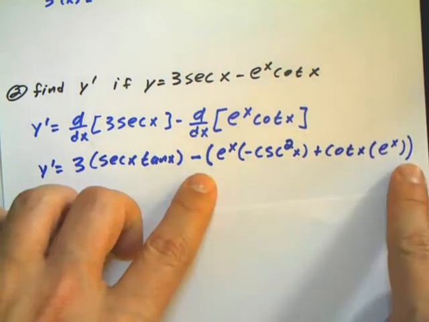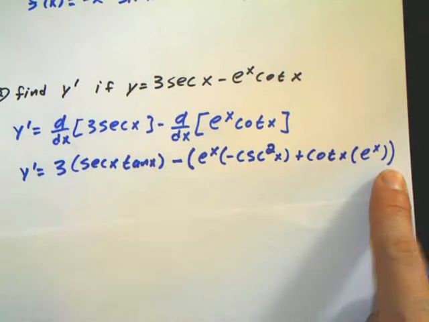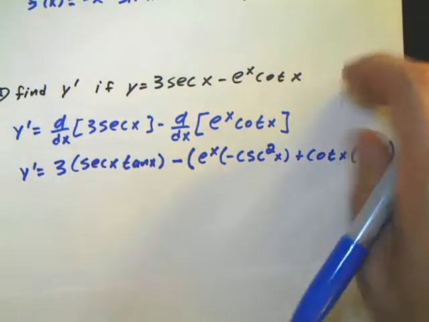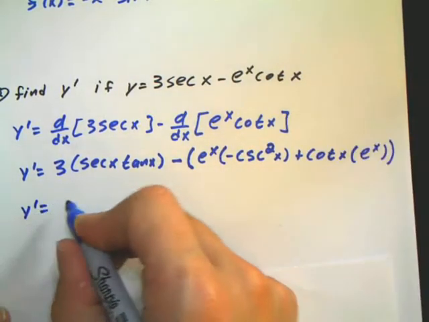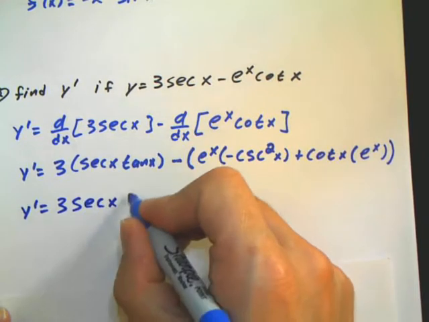So this big parenthesis is the product rule on e to the x cotangent x. And a little bit of simplifying I can do. I can say y prime is going to equal 3 secant x tangent x.